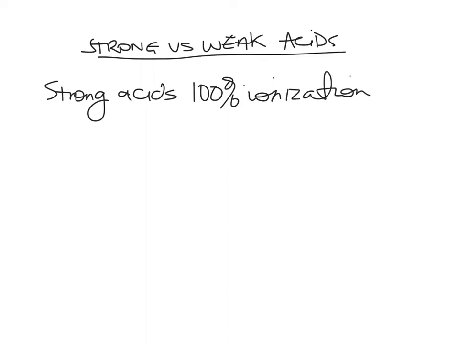So if you have a beaker of hydrochloric acid, you don't actually have a beaker of hydrochloric acid. You have a beaker of hydrogen ions and chloride ions.